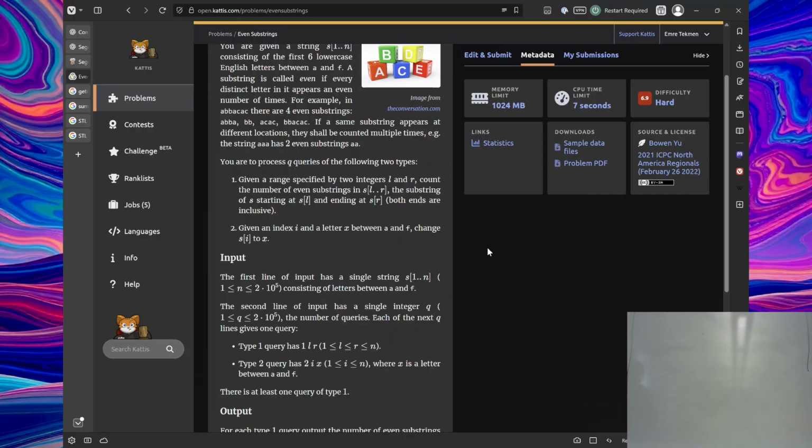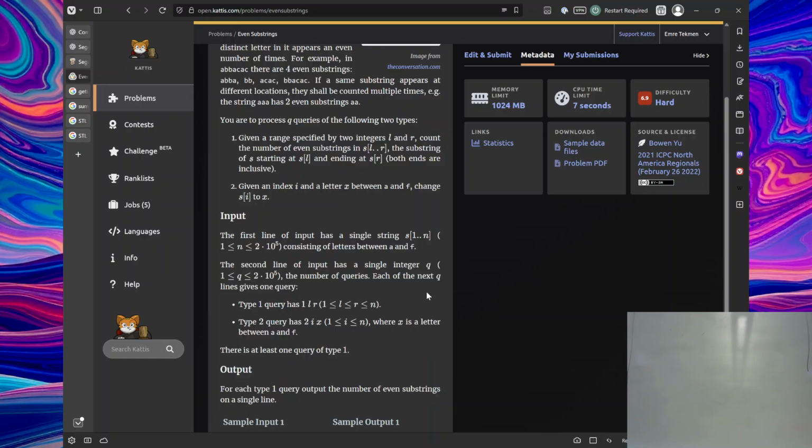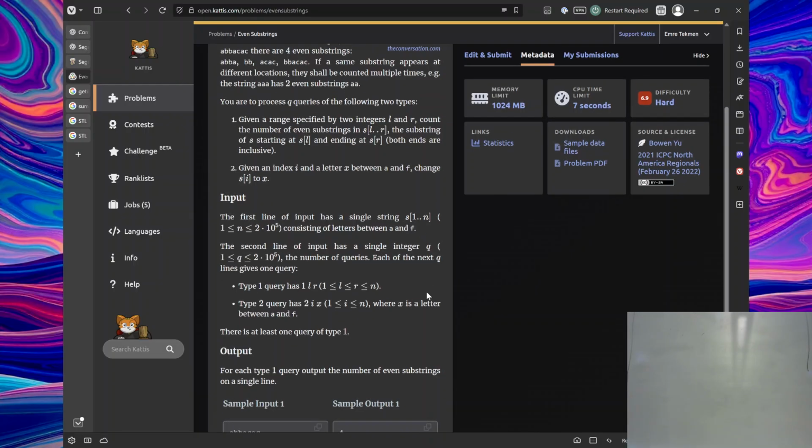It's got a lot of things, and if you look at the input size, we're working with a string length n of about 200,000 and about 200,000 queries.